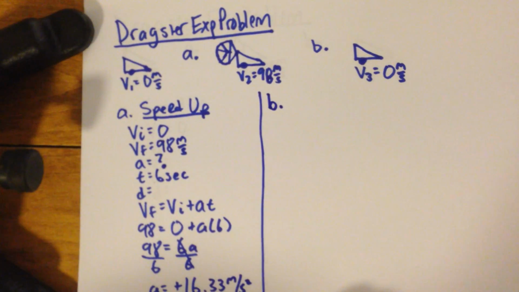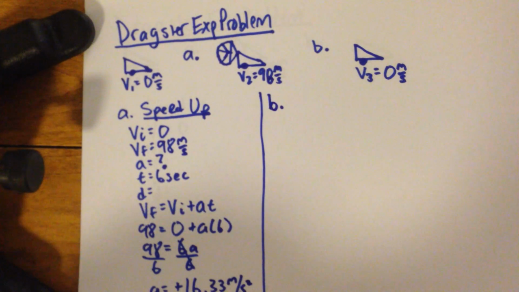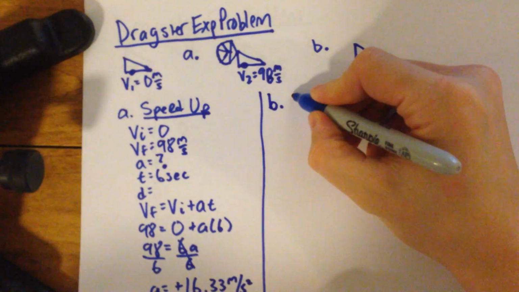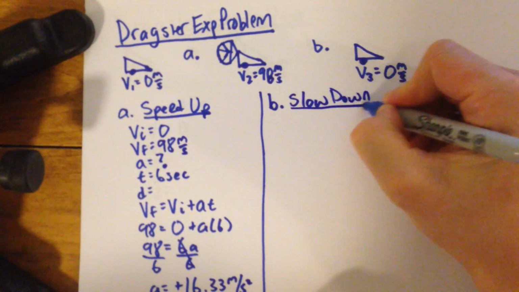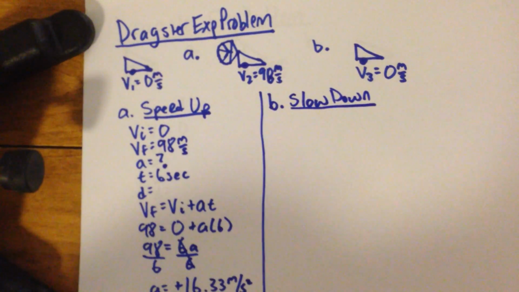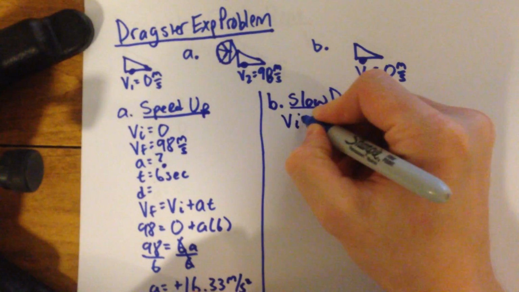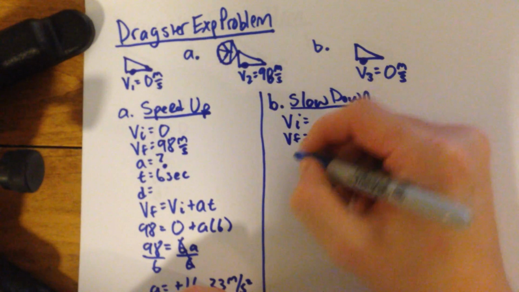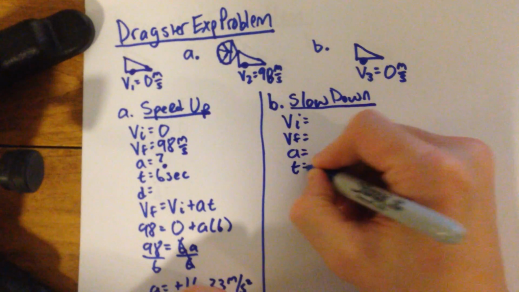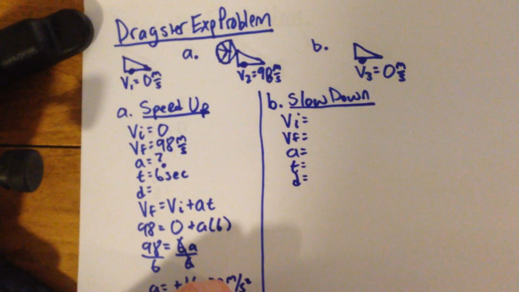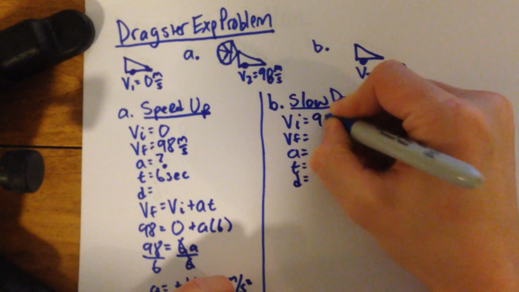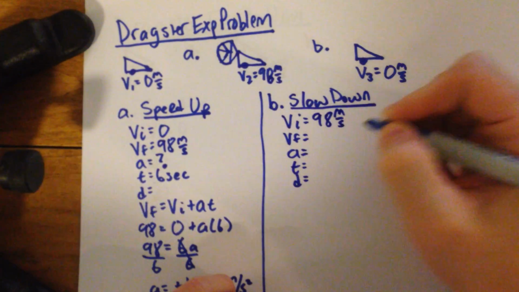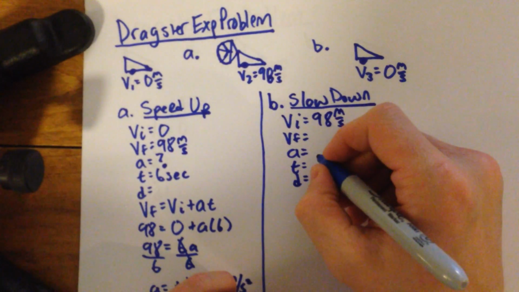Now think of B as a separate problem. It starts when the dragster deploys its parachute. So we're just looking at the slowdown section here. Think of it as a whole new problem. And in every problem, again, we start by listing our givens before we choose an equation. Now at the beginning of the slowdown, right when the parachute is deployed, is when the car has that 98 meter per second velocity.